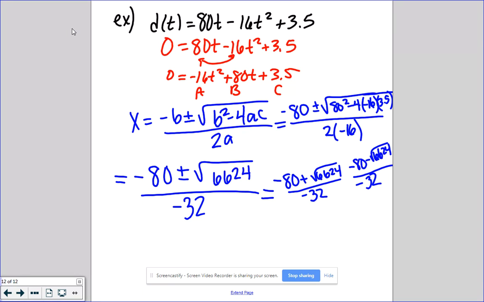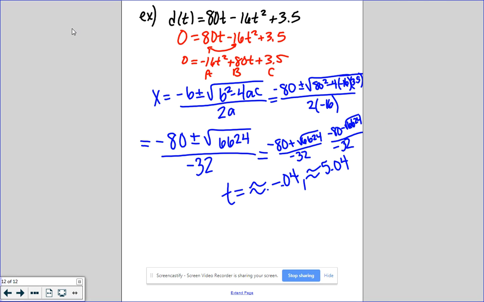If I solve these, I get that the 2 possible times are approximately negative 0.04 and approximately 5.04. So we have to look at this logically. What does that first answer, negative 0.04, insinuate?